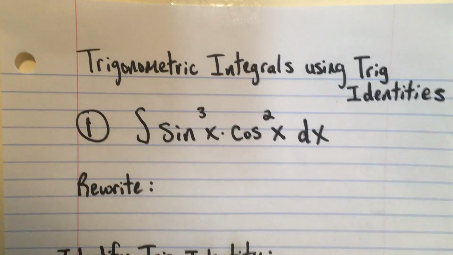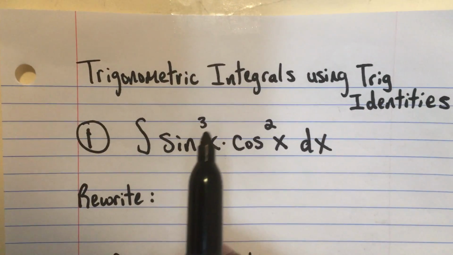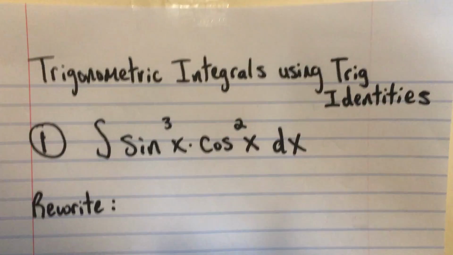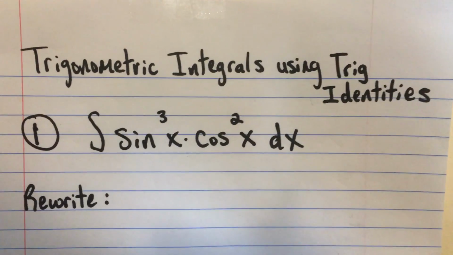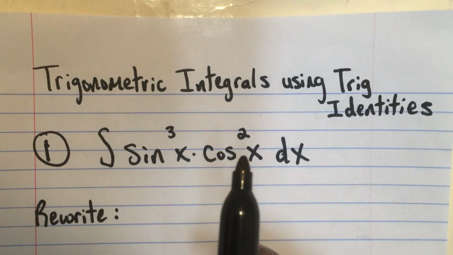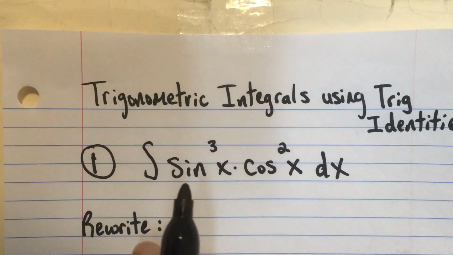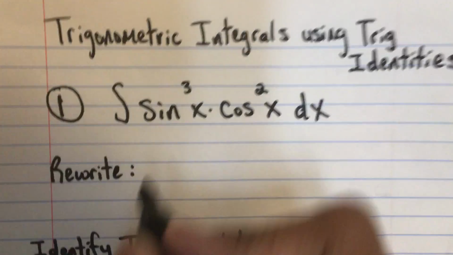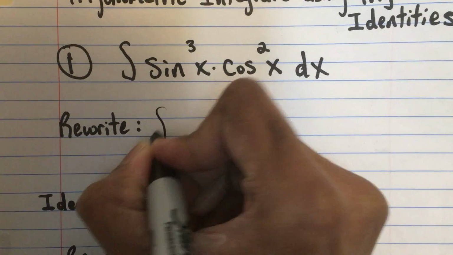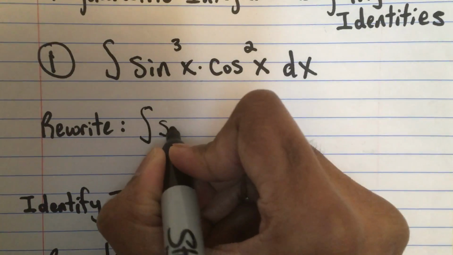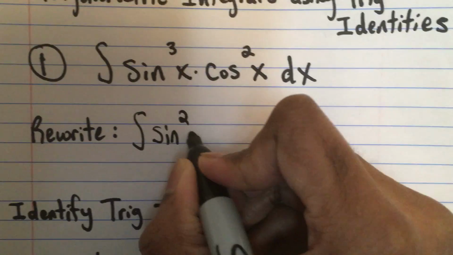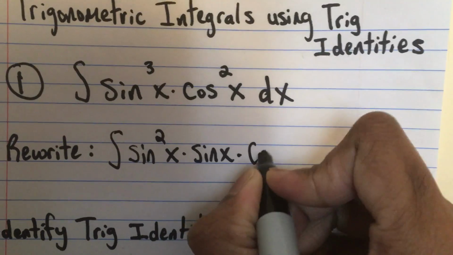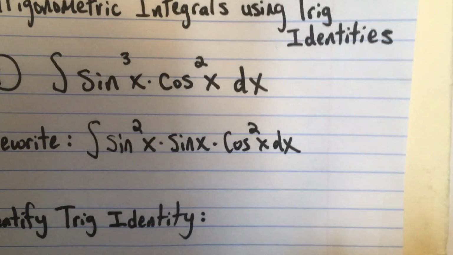For the first example, we have the integral of sine cubed x times cosine squared x dx. When it comes to trig identities, we do use cosine squared x, but we don't have a sine cubed x. So I'm going to rewrite the sine cubed x as the integral of sine squared x times sine x and then times cosine squared x dx.